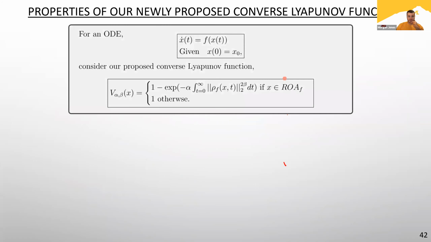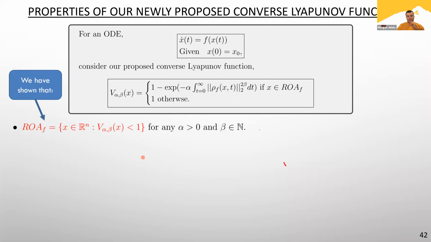So consider an ODE and our newly proposed converse Lyapunov function. We can show that the one sublevel set of this Lyapunov function is exactly the region of attraction.